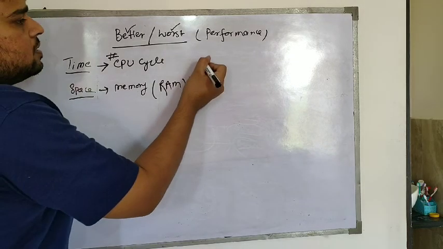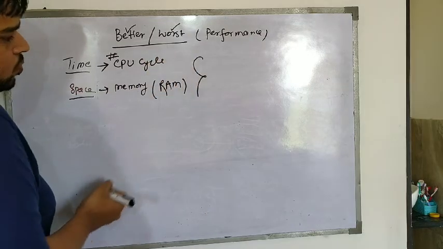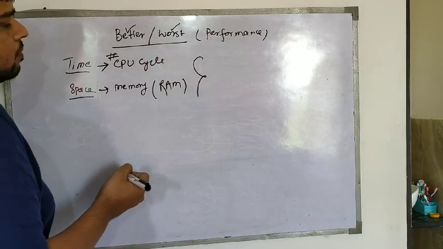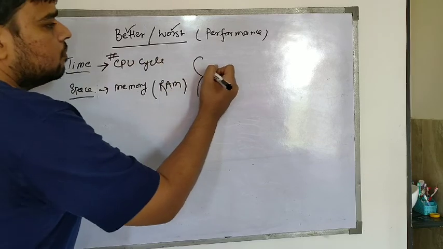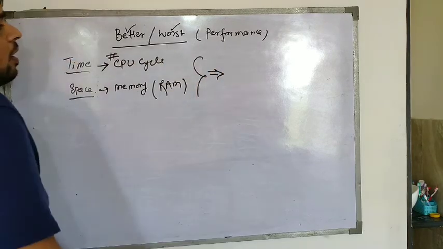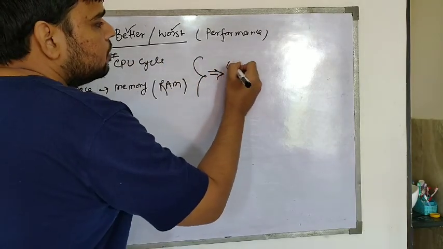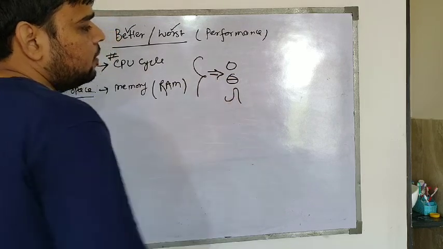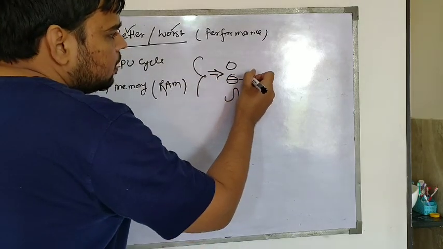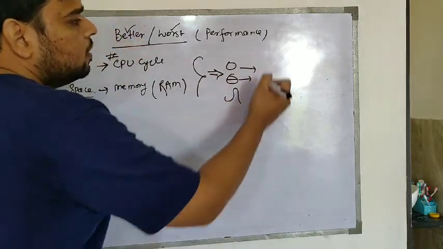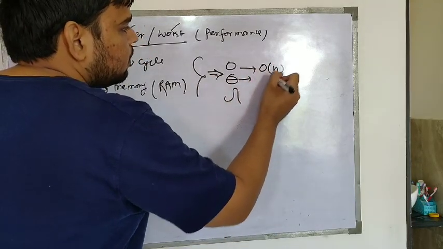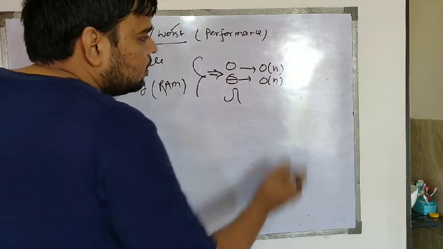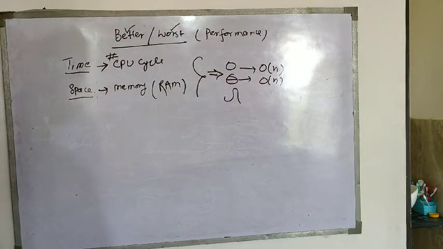And all these will be calculated in the form of order, theta, and omega. Most of the time we use theta or omega, order of n, theta of n. So what does it mean?